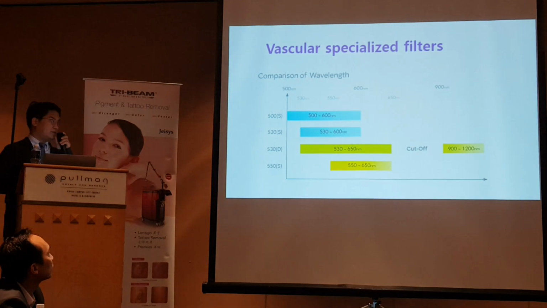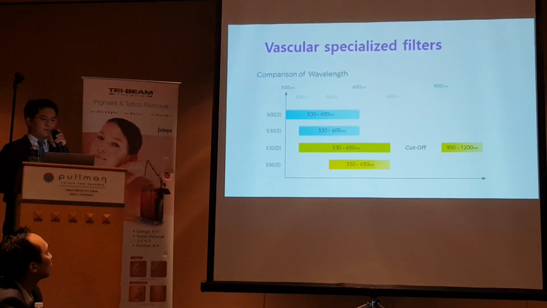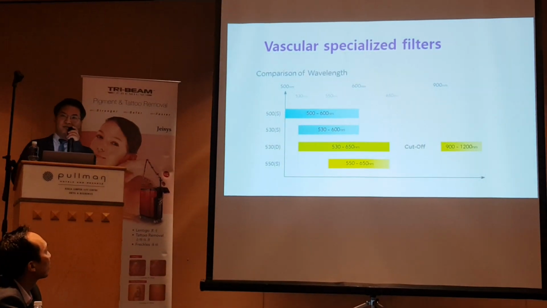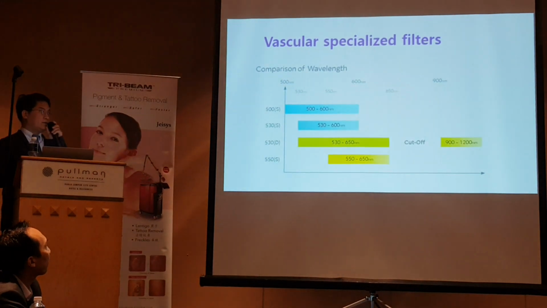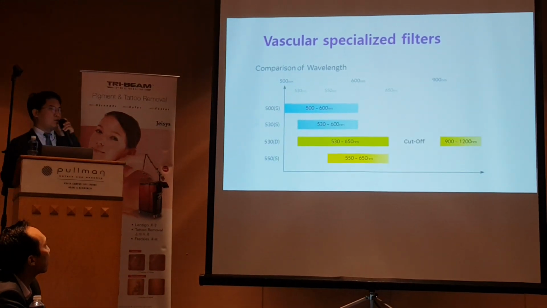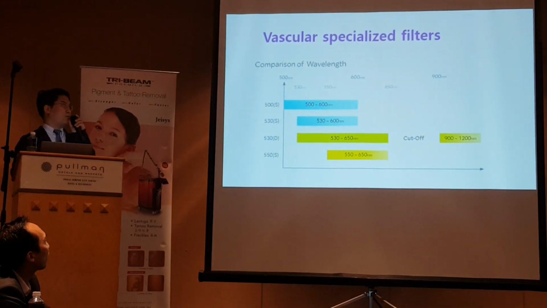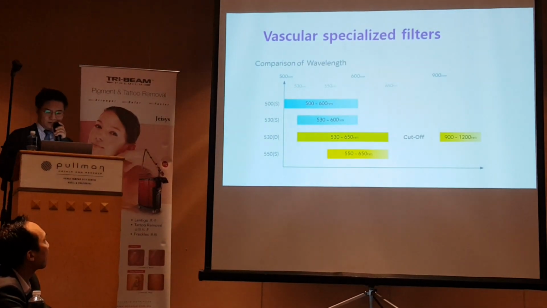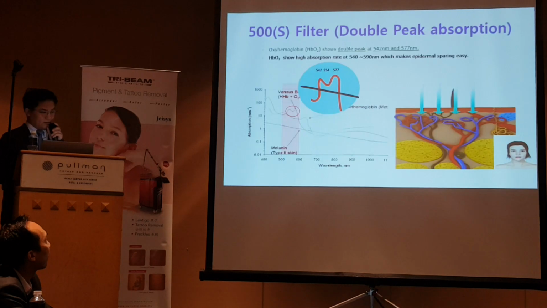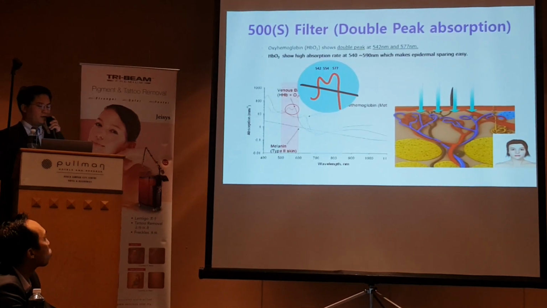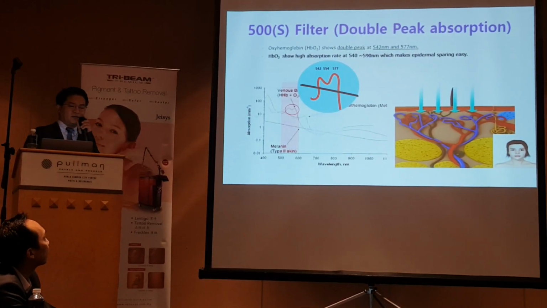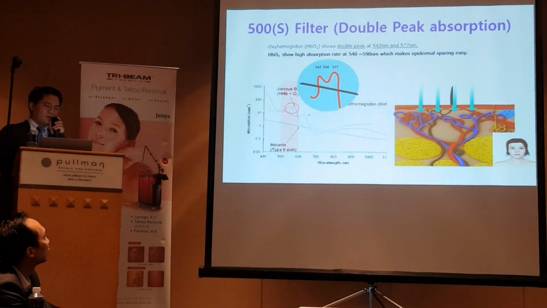There are 4 kinds of color filters specialized for vascular lesions. So we call it Cellec V, V for vascular. The 500S filter is for double peak absorption.